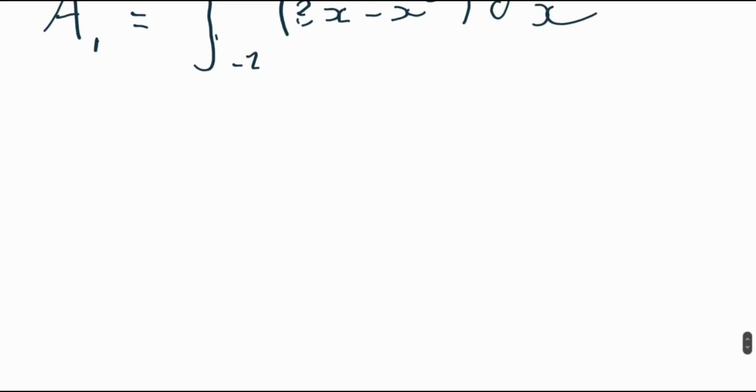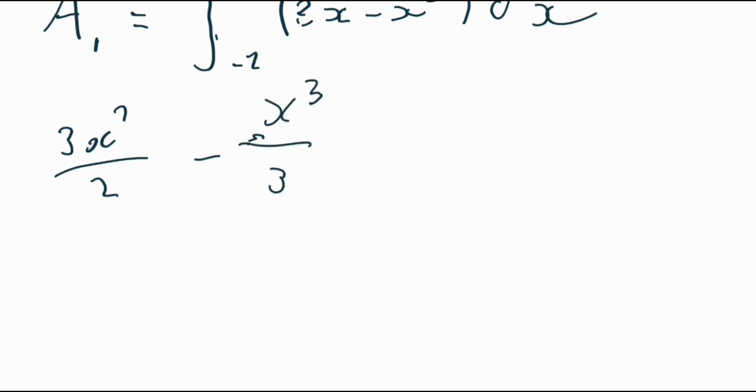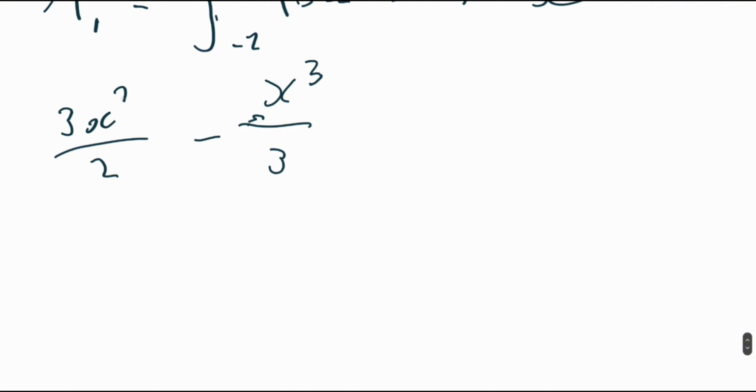So we plug it into the same antiderivative, 3x squared over 2 minus x cubed over 3. So then we have to plug in -2 and 0.